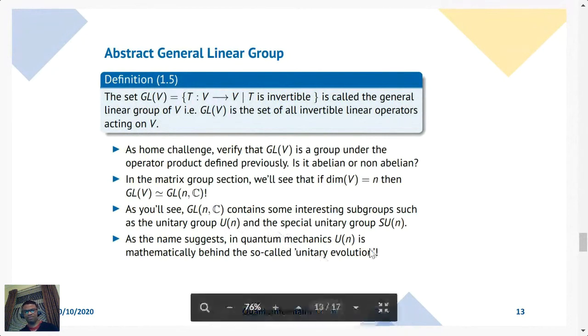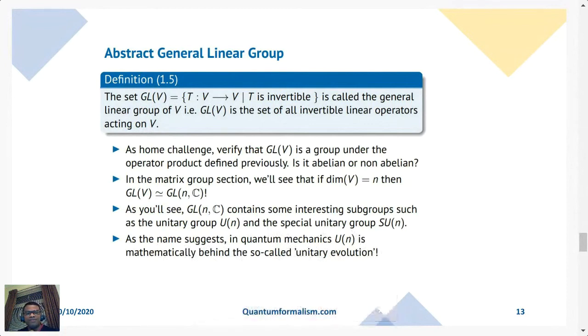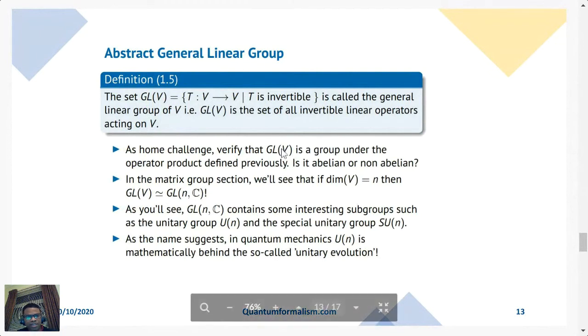I'm just giving you a taste of what's coming. The unitary group is very important in quantum mechanics because mathematically it's what's behind the so-called unitary evolution, the evolution that happens in a quantum system when there is no disturbance, when you are not making a measurement or disturbing the system. The physicists in the audience can maybe elaborate more on this.